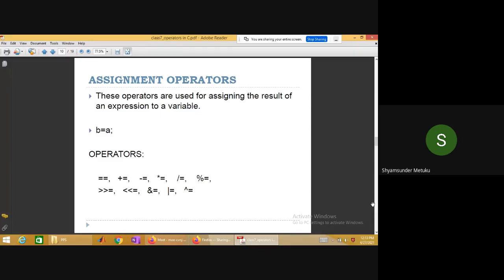So what does it mean? I'll explain, it's very simple. Whenever you are using two variables, a is equal to 5 and b is equal to 10, I just perform the addition of these two numbers.